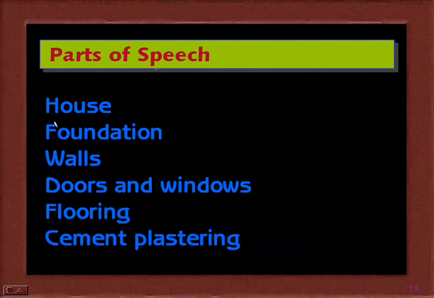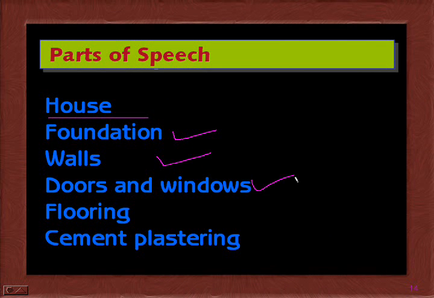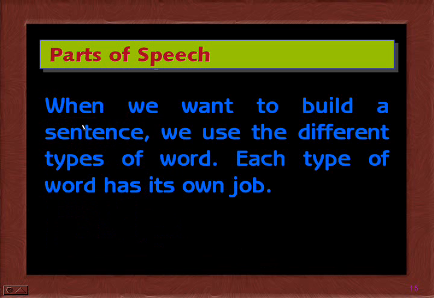What is required now to become a house? We have to make the foundation. We have to construct walls, doors and windows, flooring, cement plastering, and roofing. All this is necessary, and each one has its own job. In the same way, when we want to build a sentence, we use different types of words.